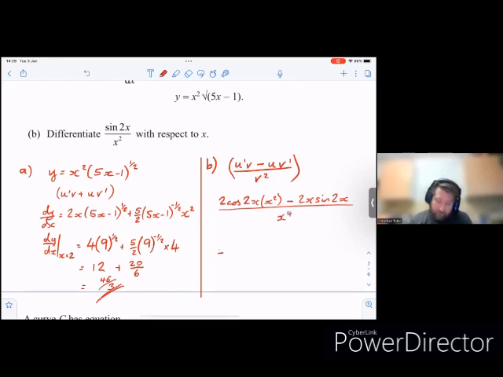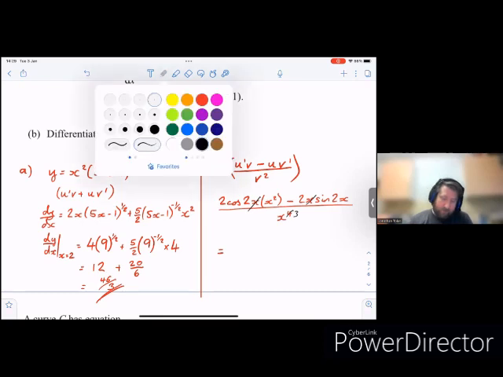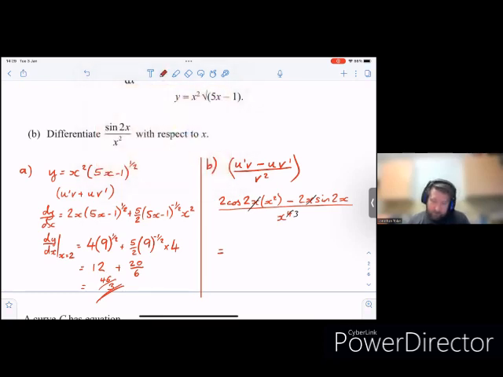And so if we simplify that, there is a common factor of x that we can cancel. So, oh, sorry, I cancelled it in the wrong place.